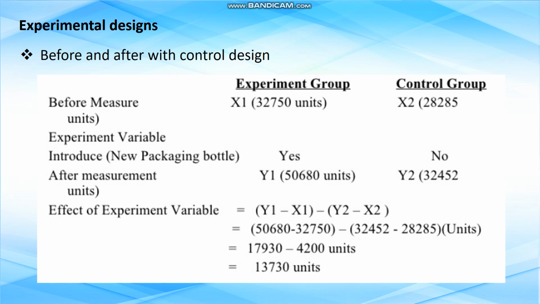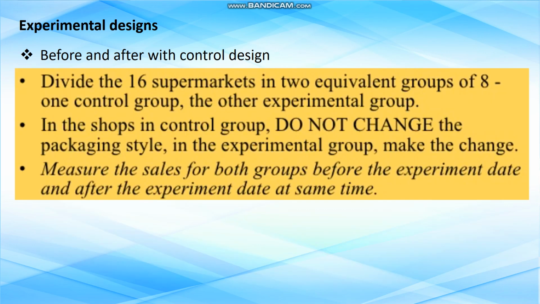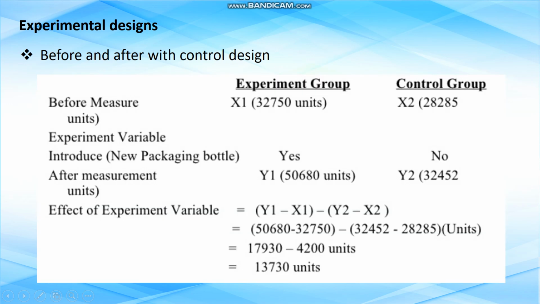Before the experiment, you measure X1 and X2. Remember that you have two X, right? The first one, X1, is in the experiment group, and X2 is in the control group. Remember that in the control group, we do not change the packaging style.